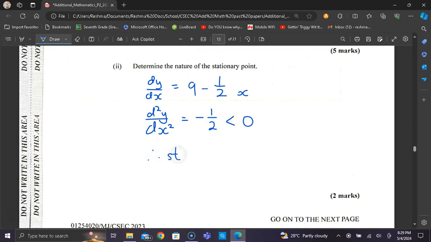Therefore, the stationary point is a maximum. Okay, and that's your 2 marks.